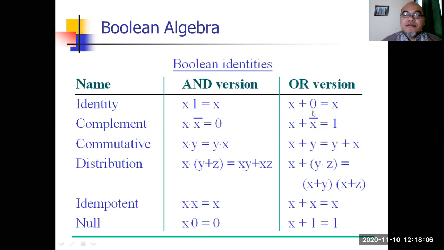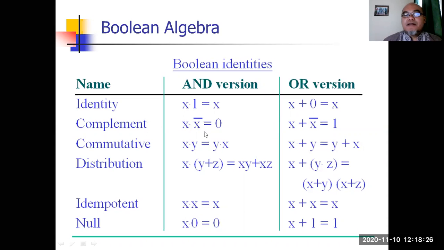In the OR version, it is with 0. So x or 0 will be equal to the x value. If x is 0, 0 or 0 equals 0. If x were 1, 1 or 0 equals 1, the value of x.